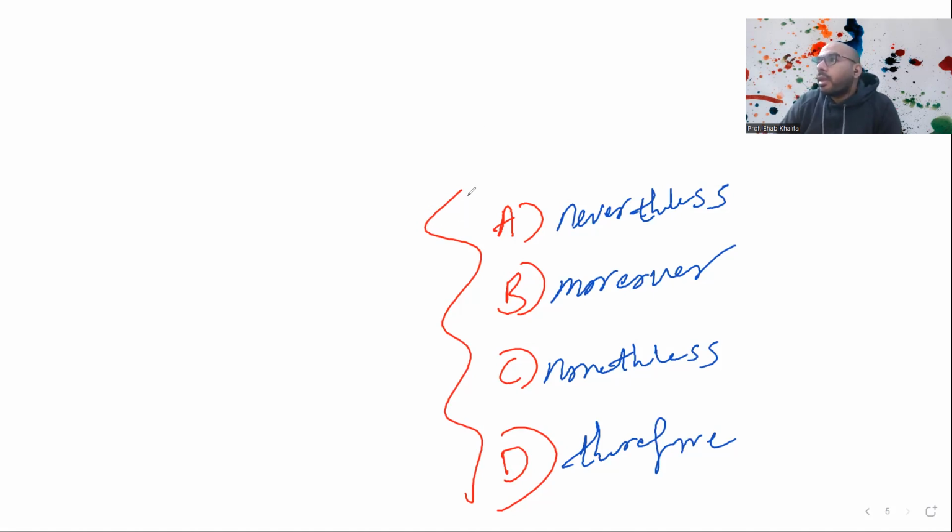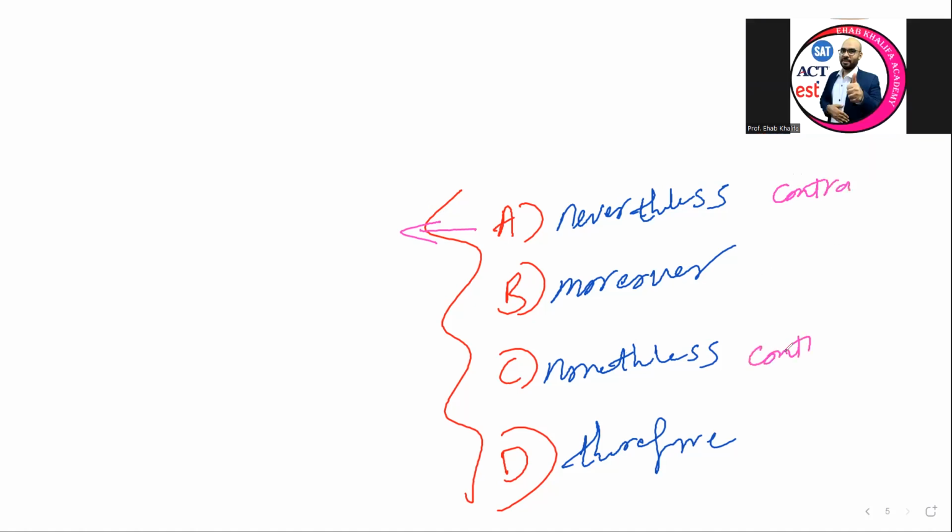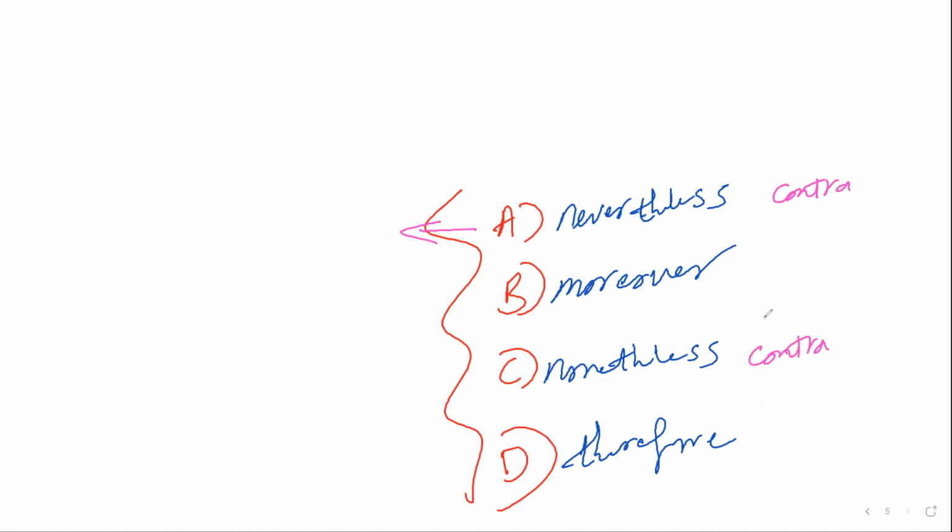Well, now I say that nevertheless is a contradictor. And nonetheless is a contradictor. Moreover is a continuer, therefore is cause and effect.